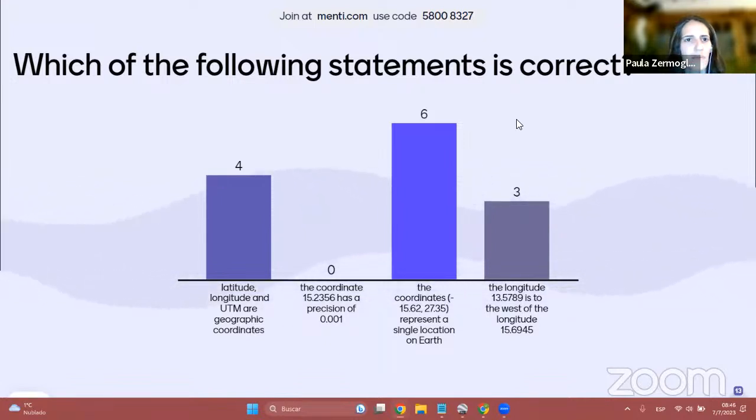Okay, 13. Okay, I'll give you 1 minute more to answer, and then we'll start discussing it for those of you who haven't yet.